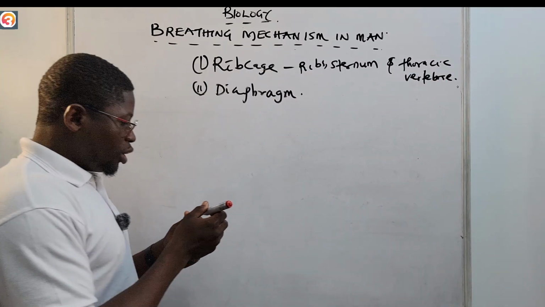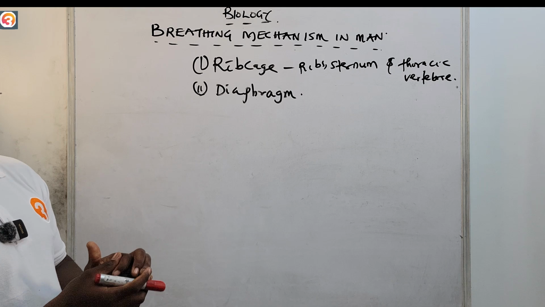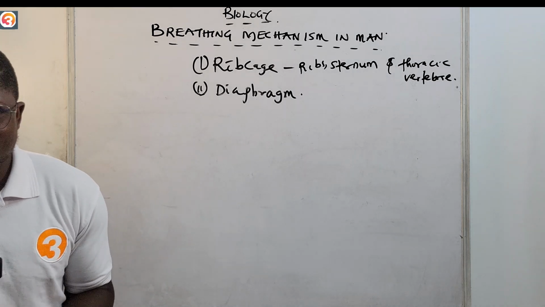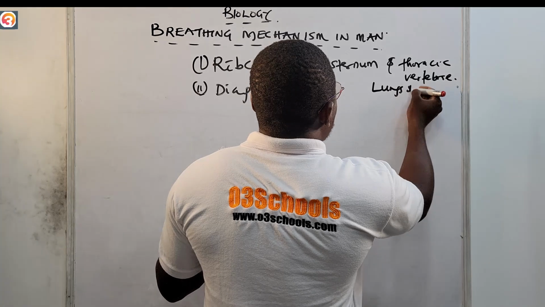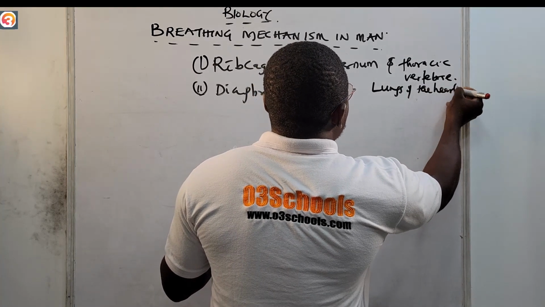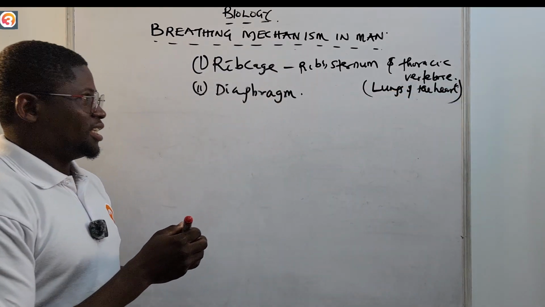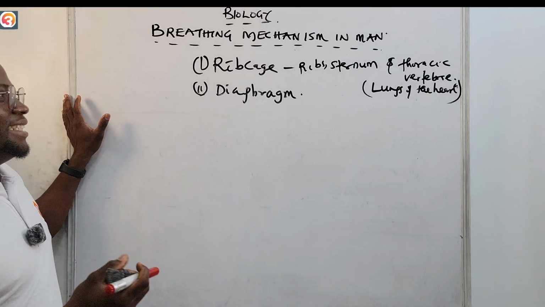So what does this rib cage do? It protects vital organs in the body, like the lungs and the heart.